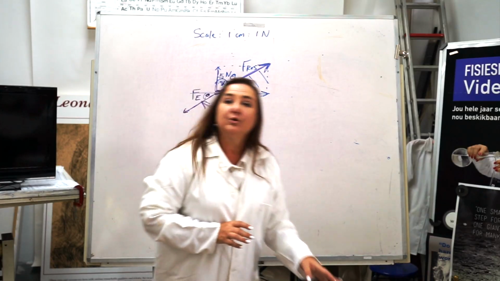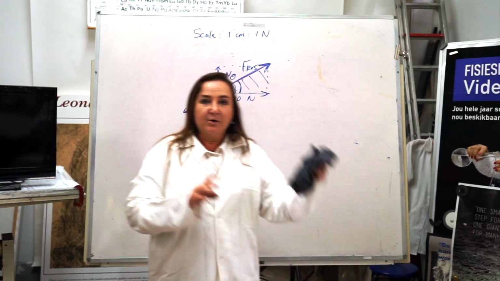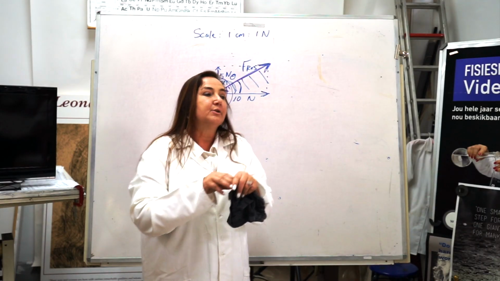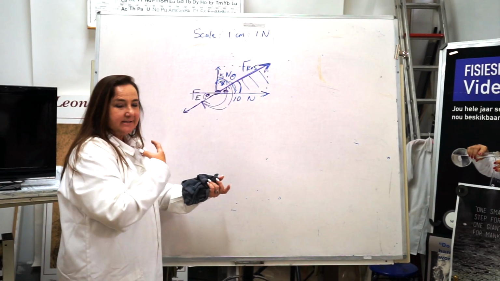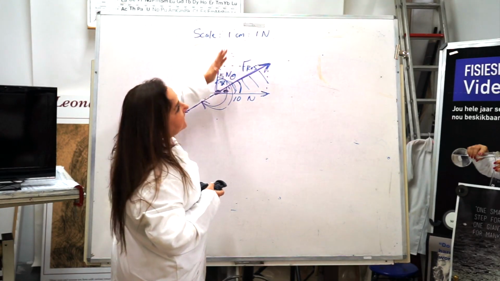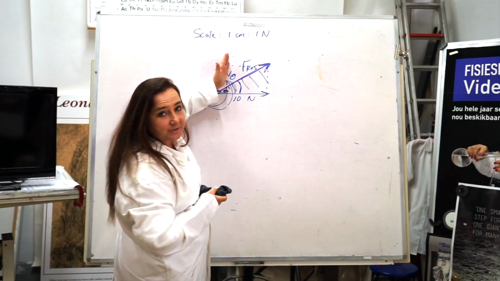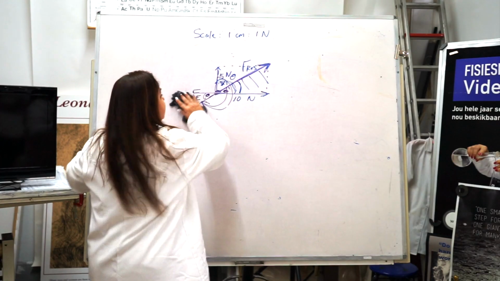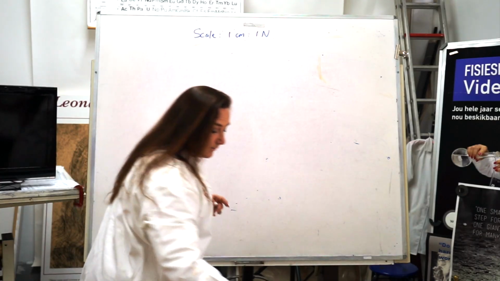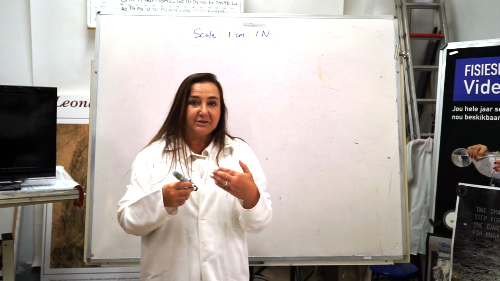So this is for two vectors working onto the same object or to the same point. So we're going to always add or subtract, and when it works with an angle, we're going to say, okay, let's draw those two forces. Let's move one more, a little bit more difficult.